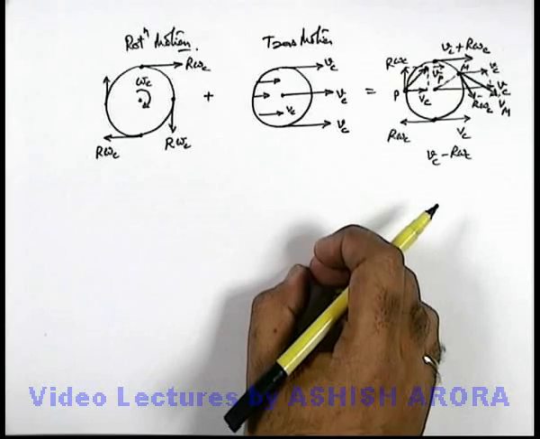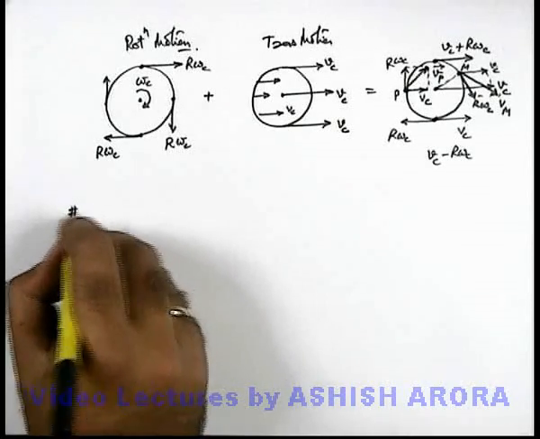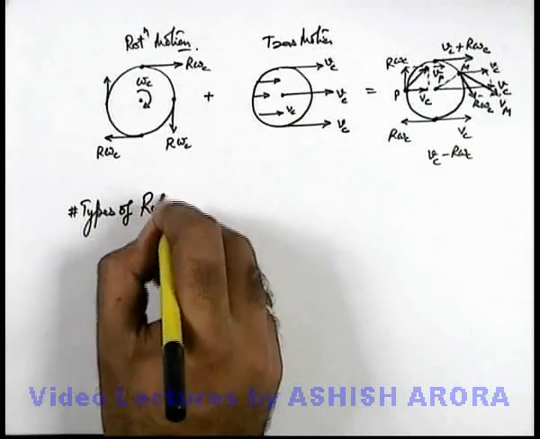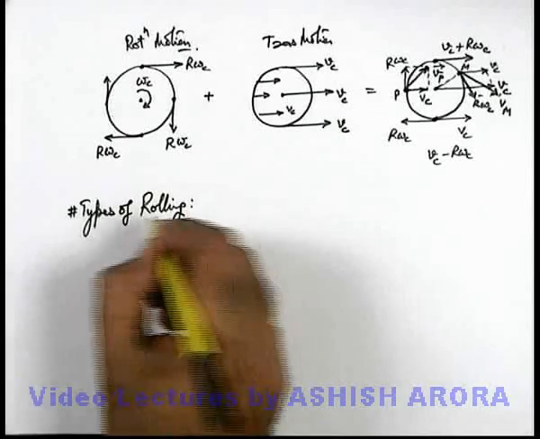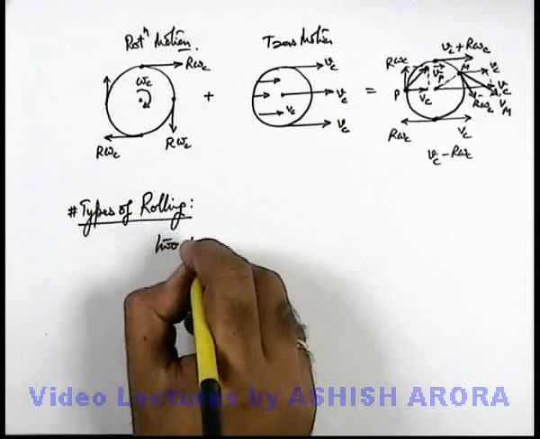Now we'll discuss different types of rolling motion in detail. So we talk about types of rolling. In general, at a fundamental level, we classify rolling motion in two ways.